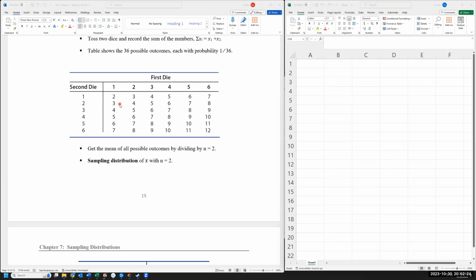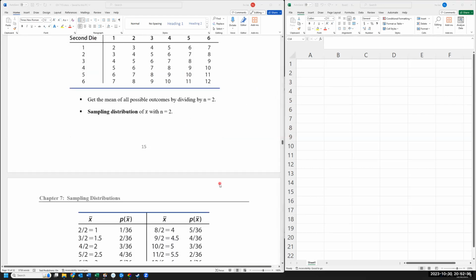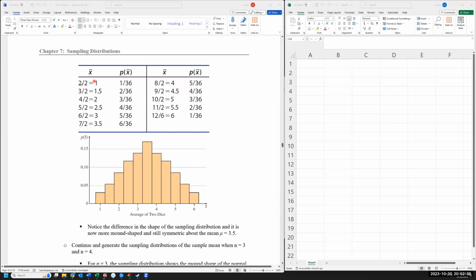You divide it by 2 and the average is 1.5 because the first die got a 1 and the second die got a 2. That's what they're saying. So the first time you rolled the 1 and a 1, you got a 2, divided by 2 is 1.